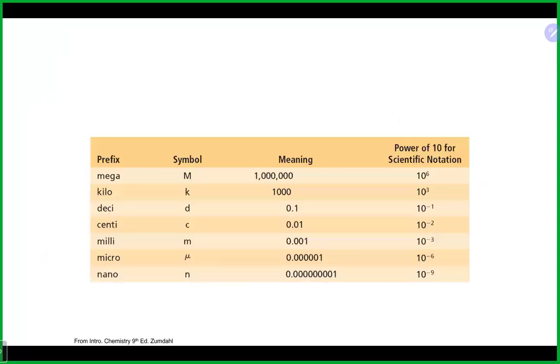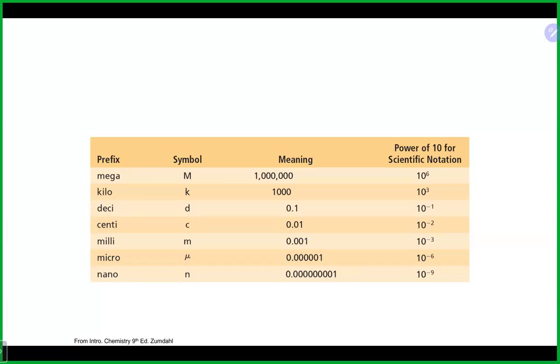All right. Now, as we saw there, very common with measurements is the metric system. We oftentimes will use prefixes to change the meaning of some of those numbers. These are some common prefixes: mega, kilo, deci, centi, milli, micro, and nano.